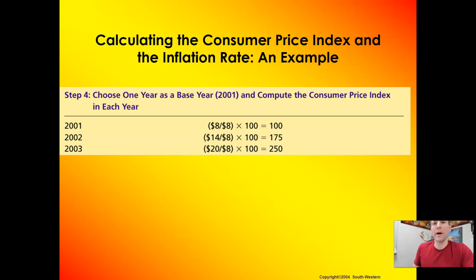So 14 divided by 8 is 1.75, times 100, price index of 175. In 2003, the market basket was $20. We divide that by the market basket in the base year of $8. That gives us 2.5, times 100 gives us 250. So the price index in the base year was 100, in 2002 it was 175, and in 2003 it was 250.